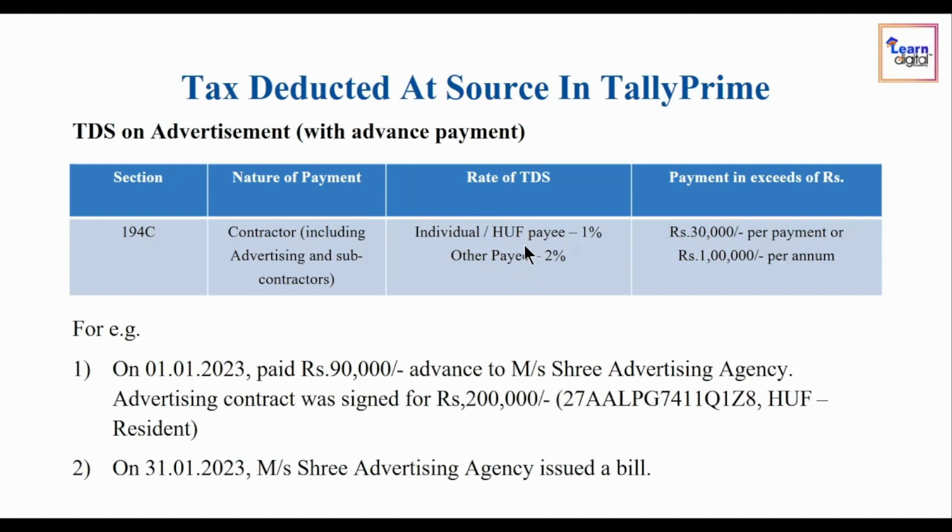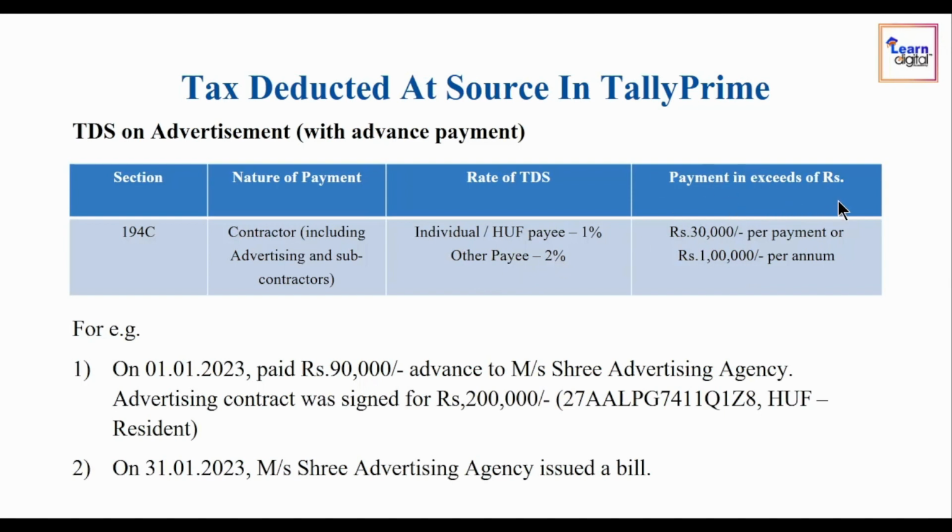Other than these two, if the payee is, for example, a government body, association of persons, limited company, unlimited company, public limited company, partnership firm, LLP, or any type of payee other than individual or HUF, the percentage of TDS will be 2% on advertisement or other subcontracts.